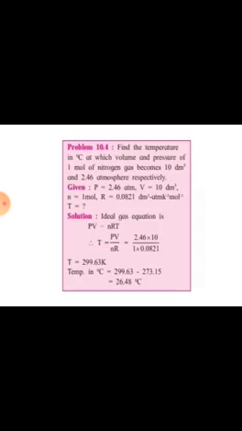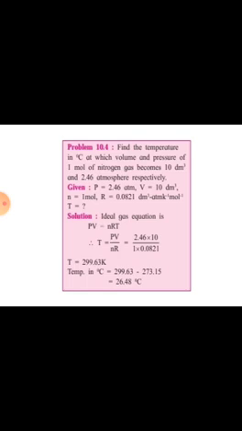Second, find the temperature in degrees Celsius at which the volume and pressure of 1 mole of nitrogen gas become 10 decimeter cube and 2.46 atmosphere respectively. Given P is 2.46 atmosphere, V is 10 decimeter cube, n is 1 mole, R is 0.0821, T you have to find out.